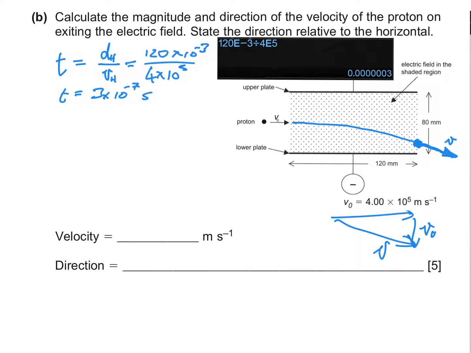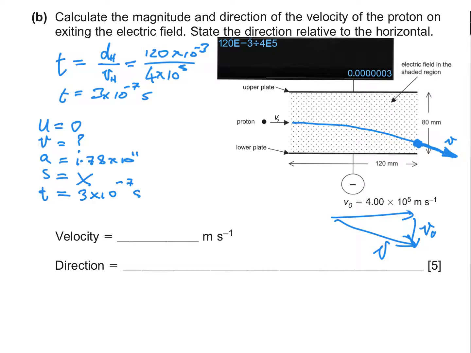Now we can do a vertical UVAST list. We have an initial vertical velocity of nothing because it comes in horizontal, a final vertical velocity that we are interested in, the acceleration from the previous part, a vertical displacement that we do not know, and the vertical time that we got from the horizontal motion, because time links both types of motion.